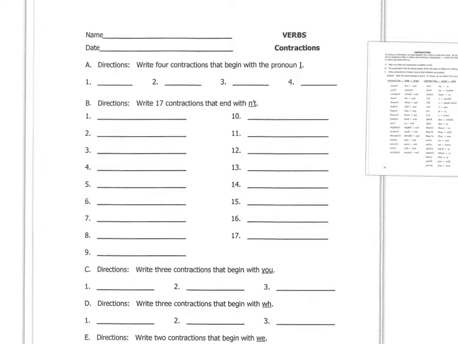A. Write 4 contractions that begin with the pronoun I. What do we need next? We need an apostrophe.